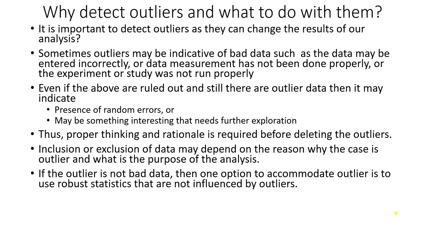For example, if we are going to compute descriptive statistics or measures of central tendency, then the mean is a statistic which is influenced by outliers or extreme values. But the median is not influenced by outliers. So in the presence of outliers, we can go for the median as a measure of central tendency if it serves our purpose and there is proper justification to use that statistic.